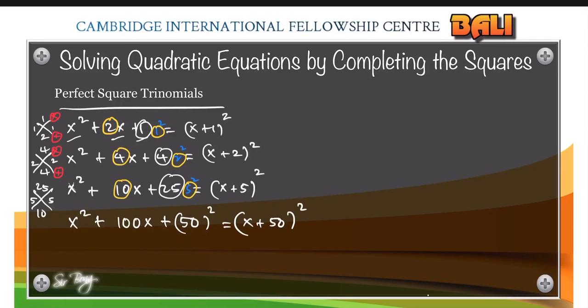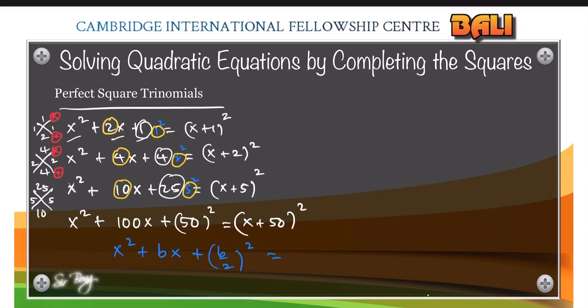In short, in general, x squared plus bx. So the third term must be one half of b, or b over 2, and then you just square that one.